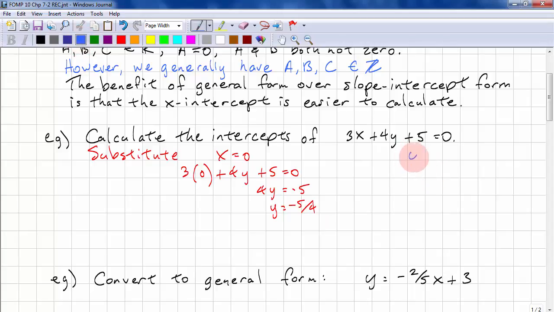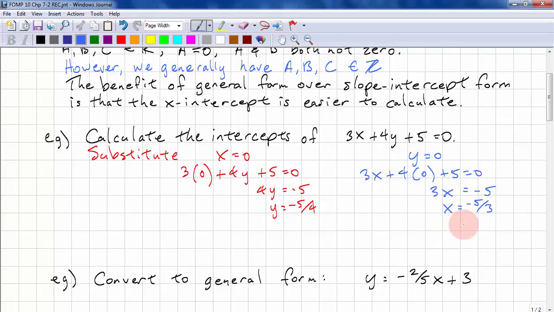Next, we substitute y equals 0 to calculate our x-intercepts. 3x plus 4 times 0 plus 5 equals 0. So we have 3x, and we're going to move the 5 over to the other side. This disappears. This is negative 5. So x equals negative 5 over 3.